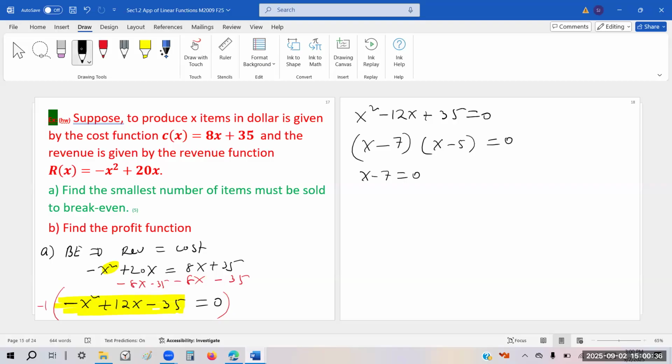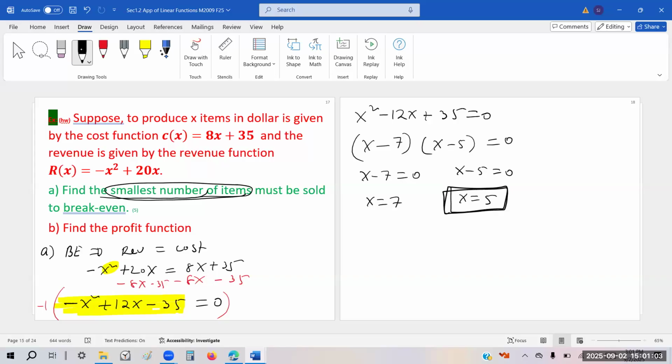We don't know which one, so we set both of them equal to 0. That tells us x is 7 and x is 5. Since we have two solutions, that's why they're asking for the smallest number of items. Which one is smallest, 7 or 5? 5. The answer is 5.